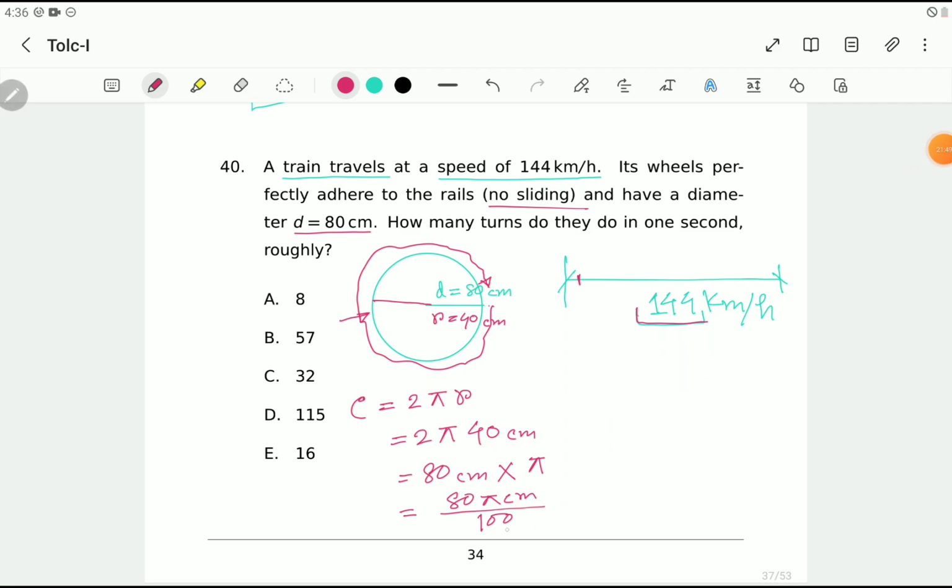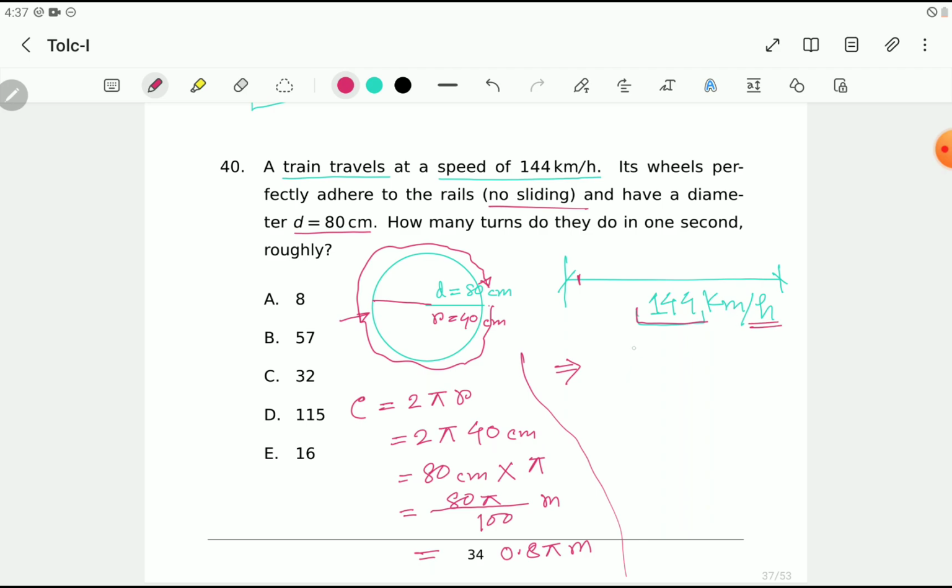So if we take 80 pi centimeter and divide by 100, then it becomes meter, okay, in meter scale. So we can write it like 0.8 pi meter. Now think, so per hour it goes 144 kilometer.